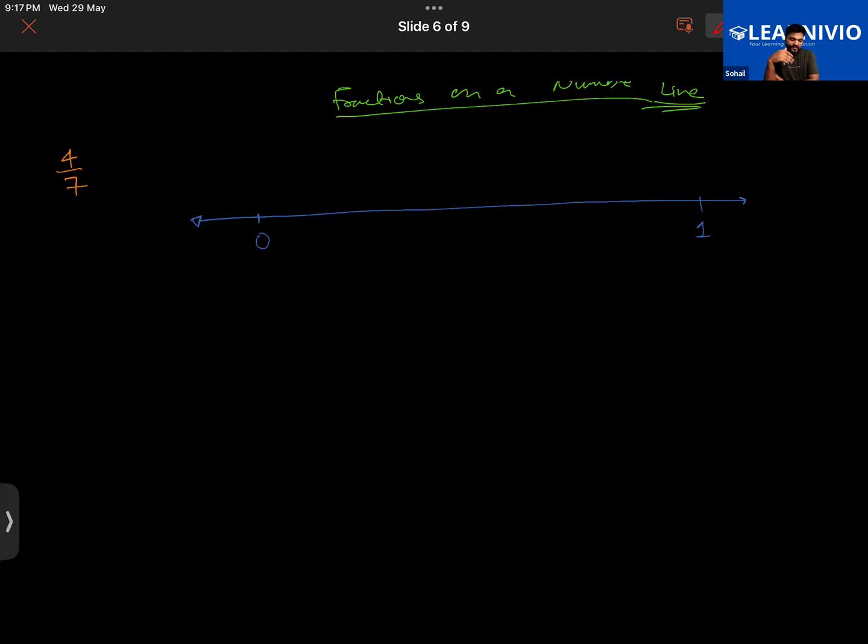Or say you are having this number 4 upon 7. So between 0 and 1, you will make 7 divisions. How many? 7. 1, 2, 3. Let's take them at bigger intervals.